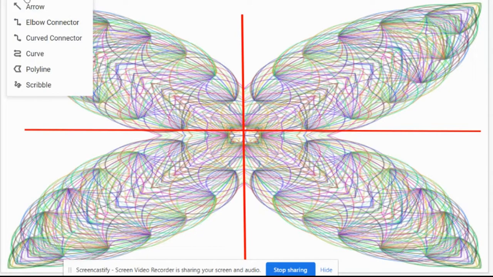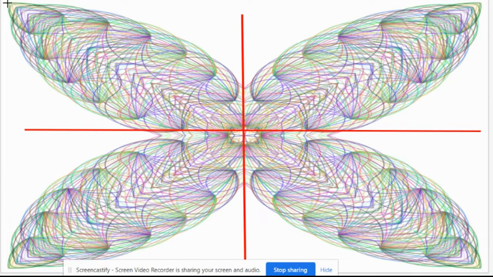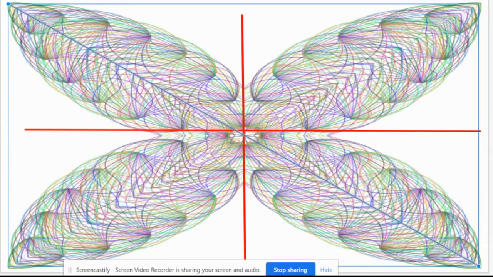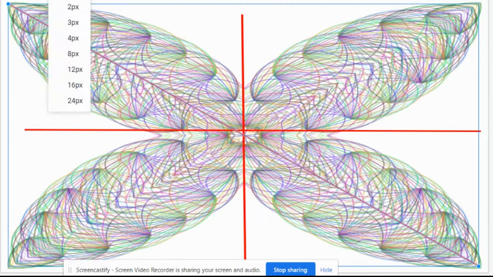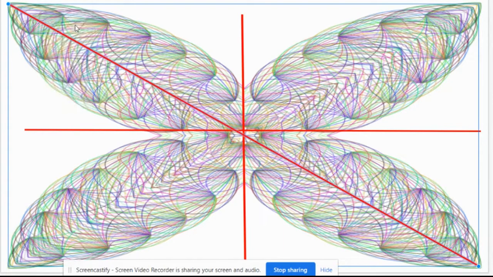Now, if we draw a diagonal line from the left corner down to the bottom right corner, we'd also notice that if we folded those two parts together, those sides would match up exactly as well, which would create another line of symmetry.